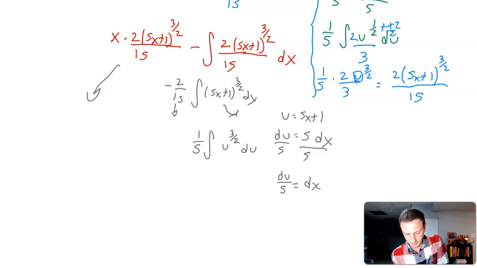So now we integrate u to the 3/2. That's going to be plus 1. So plus 1 is making that denominator 2. That's going to be divided by 5/2, which is the same thing as 2/5. So I'm going to have 1/5 times 2/5 u to the 5/2.